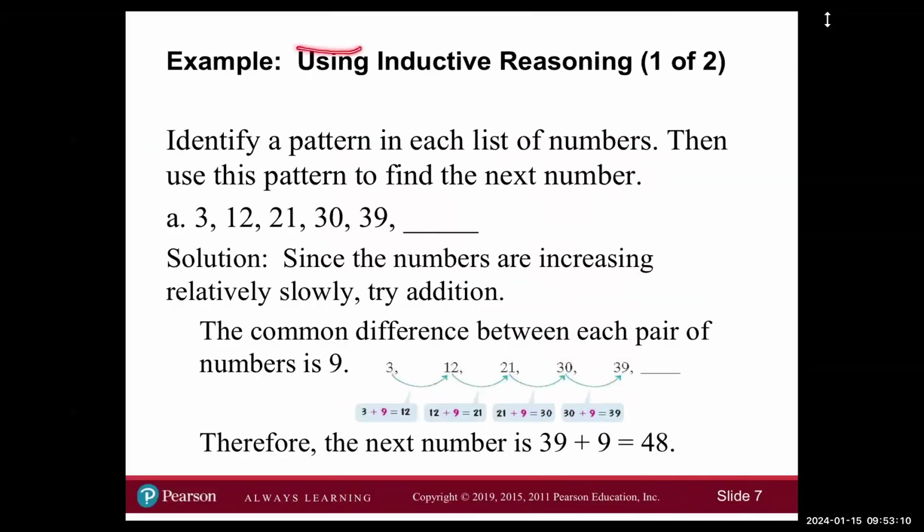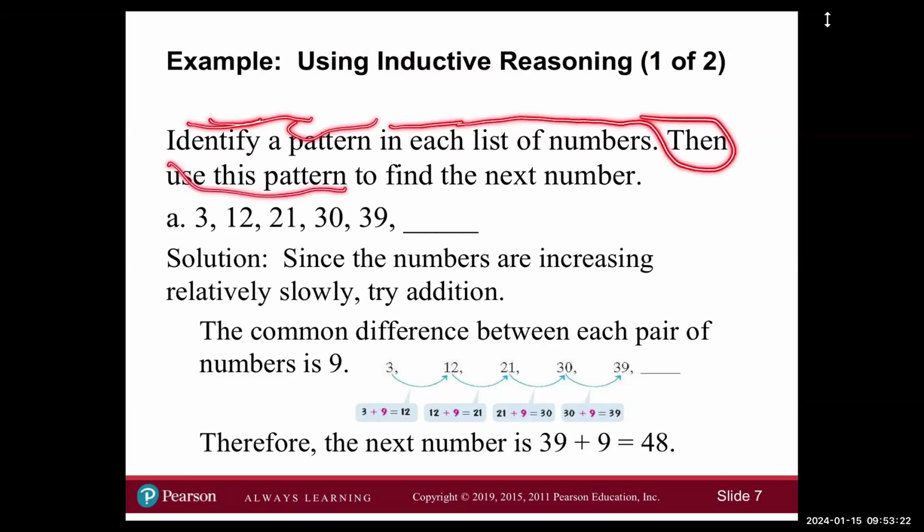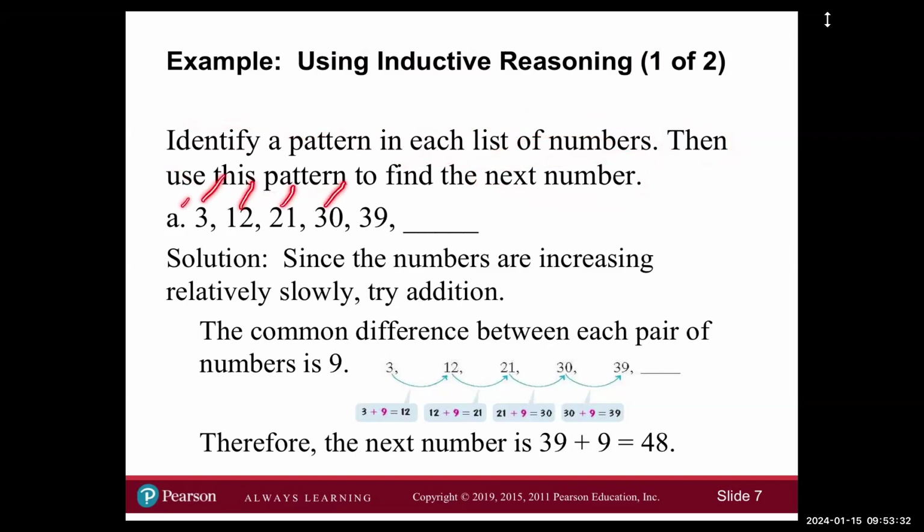We can use inductive reasoning to identify the pattern in a list of numbers, then use this pattern to find the next number. For example, we have 3, 12, 21, 30, 39. Seeing the numbers increase slowly, try addition.